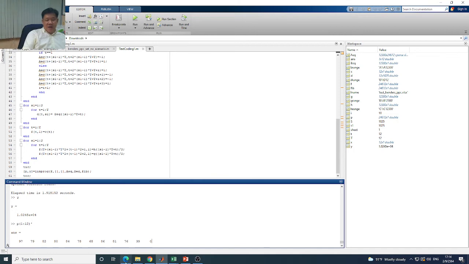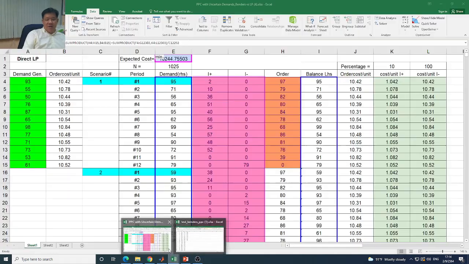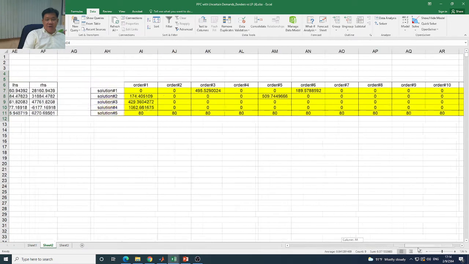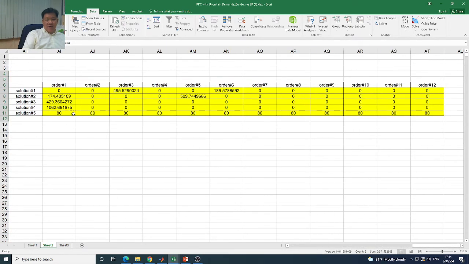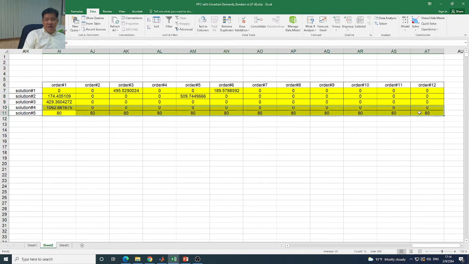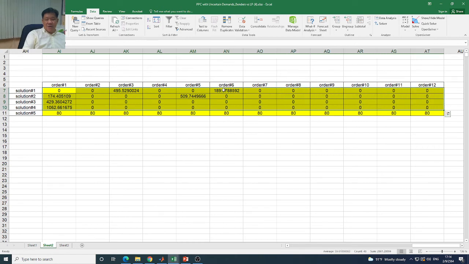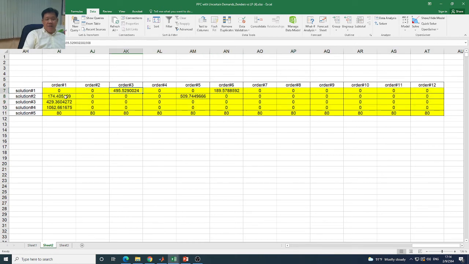As you see, when you're using the Bender decomposition here, you start seeing that the previous solution is solved, even though you have an initial solution with integer variables. But in the first couple of iterations, it got stuck and didn't give integer results.